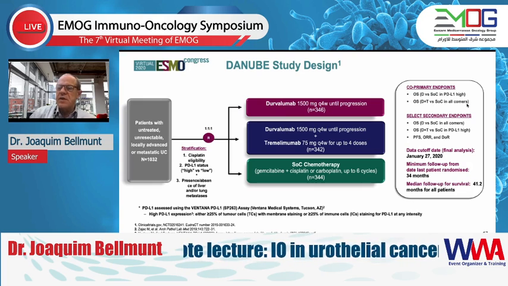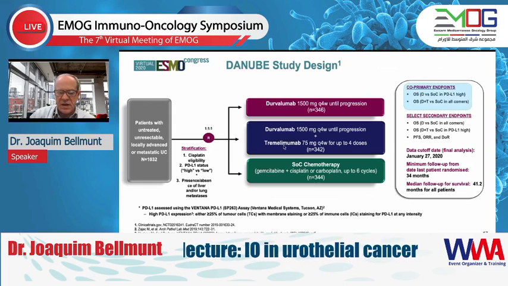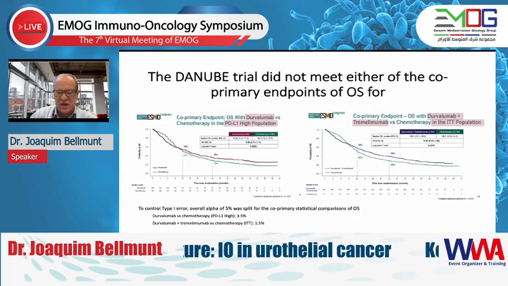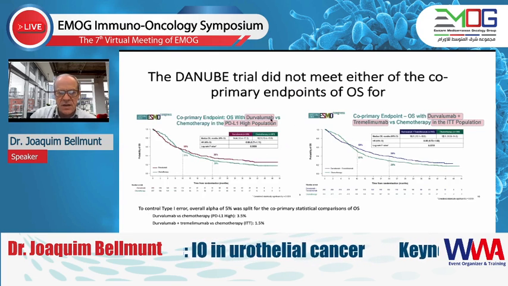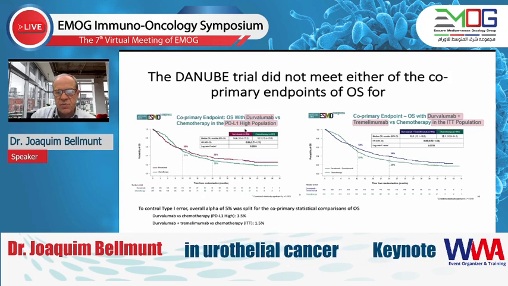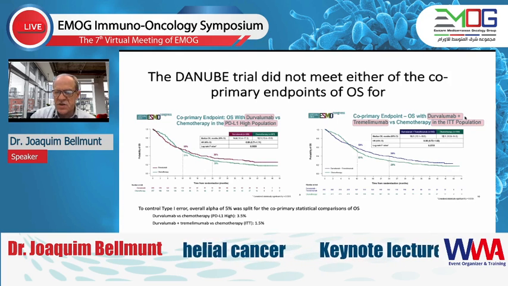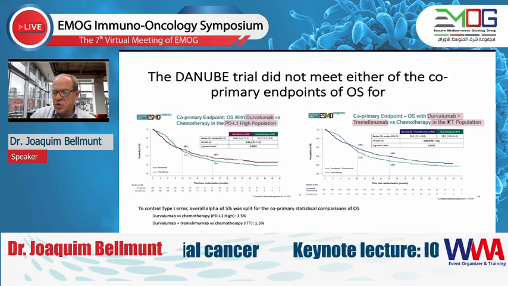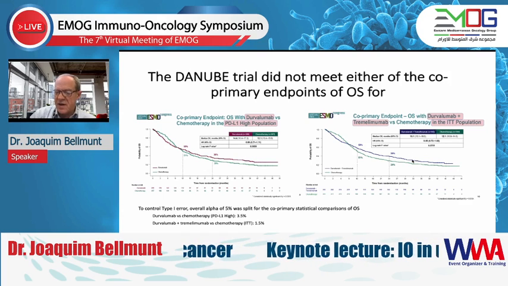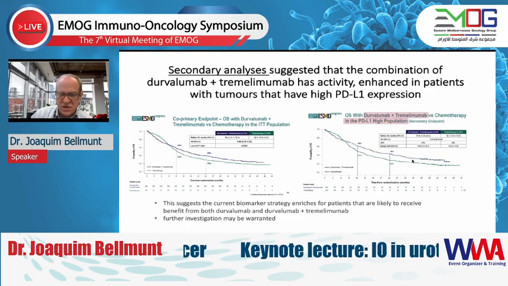These two primary endpoints were completely negative. You can see here that in one of the primary endpoints, durvalumab versus chemotherapy in PD-L1 high, no differences. Durva-treme versus chemotherapy in the intention to treat, again, non-statistically significant differences.